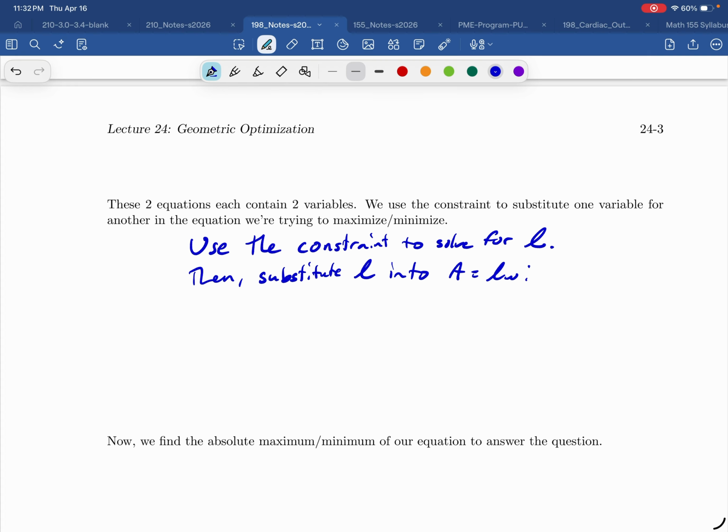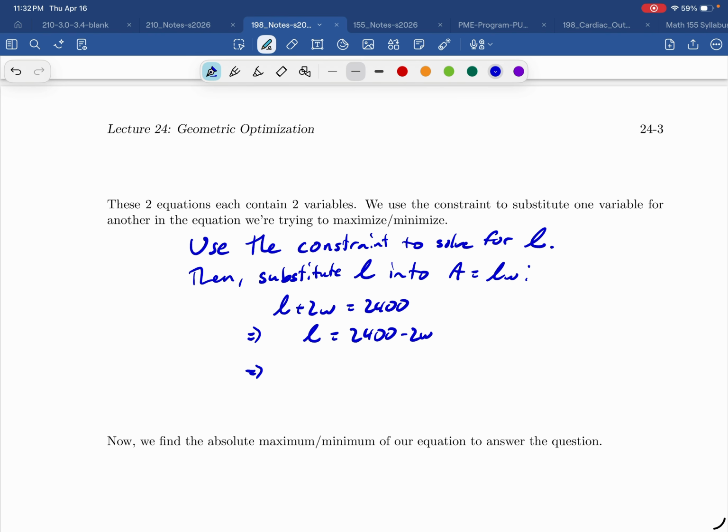So we have that L plus 2W equals 2,400, right? That was our constraint, and that's going to imply that L equals 2,400 minus 2W.